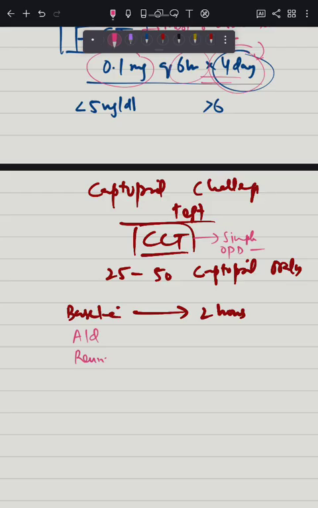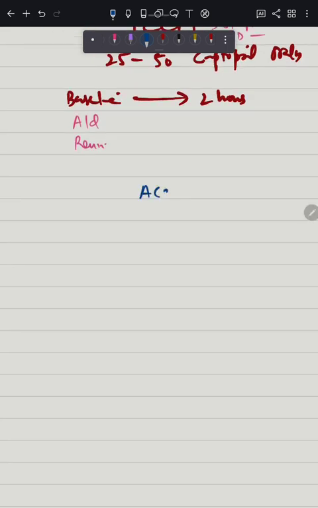You see, what was this captopril? Captopril is an ACE inhibitor. So normally it blocks this ACE enzyme, so it lowers angiotensin 2, and we know angiotensin 2 raises aldosterone, because ACE, the enzyme present in the lungs, converts angiotensin 1 into angiotensin 2, and this creates aldosterone.